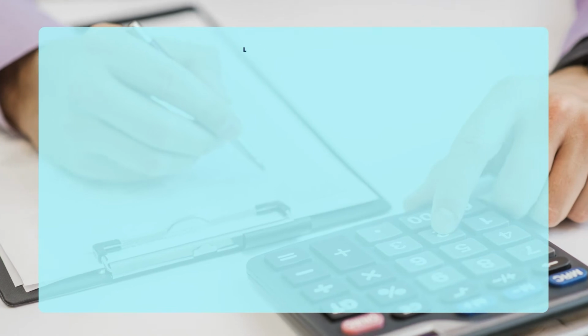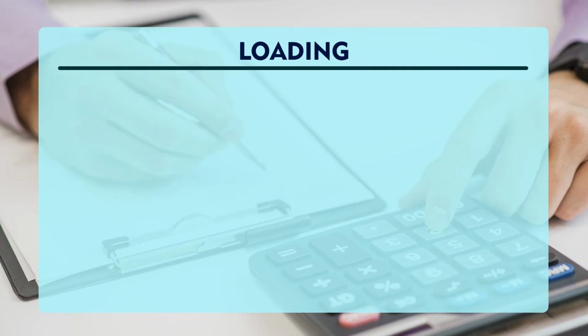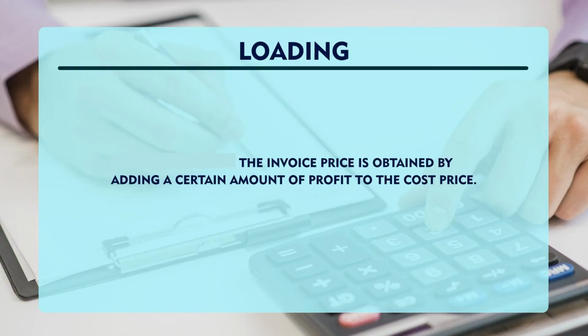Now, the next one is loading. Loading we have already discussed. Loading is invoice price minus cost price, or it is the profit added to cost price. You know that the invoice price is obtained by adding a certain amount of profit to the cost price.